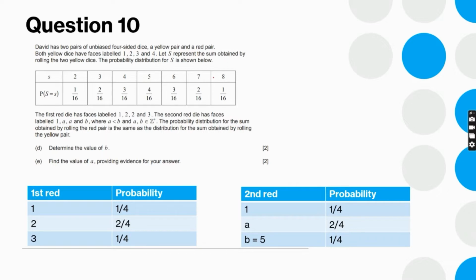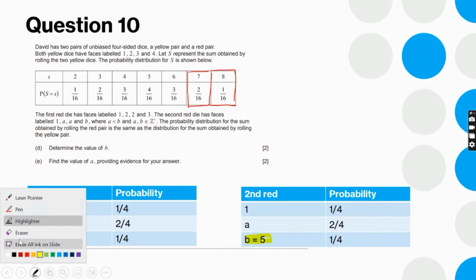Okay, so in the first part, we figured out that B equals 5 from this column of values. Now I should work backwards and look at the second column here. What could possibly give you a value of 7? There are a few ways that could happen. One possible way, since we found B to be 5, is that you could have a 5 on the second red and a 2 on the first red.